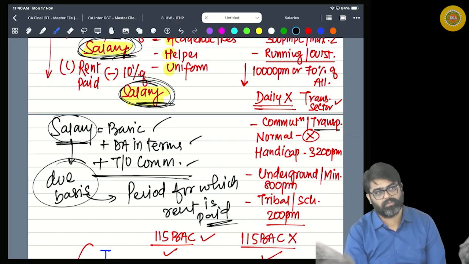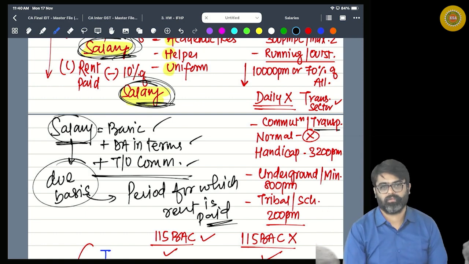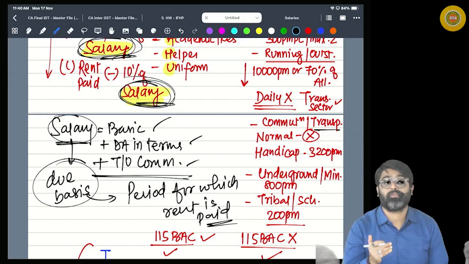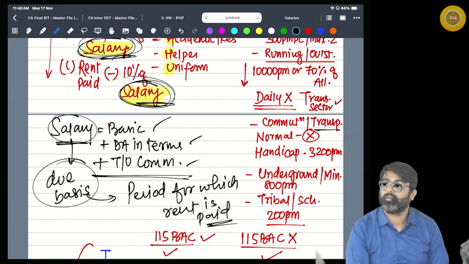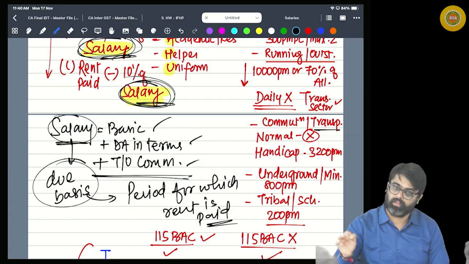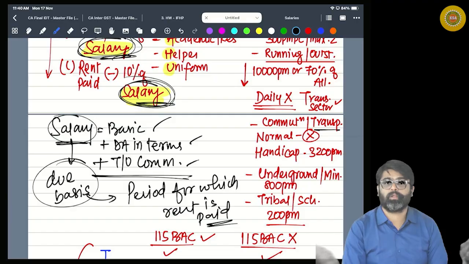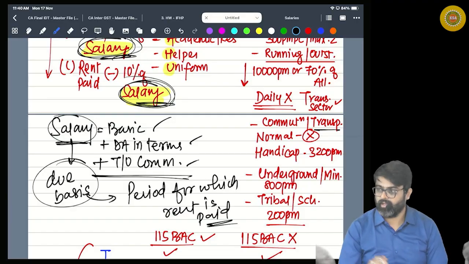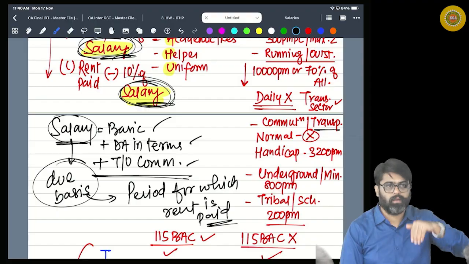But wait, there is a possibility that HRA is received for every month, but I am not paying rent for every month. Possible? I joined my employer in the month of April, in Chennai. I told him that I am coming from Madurai.